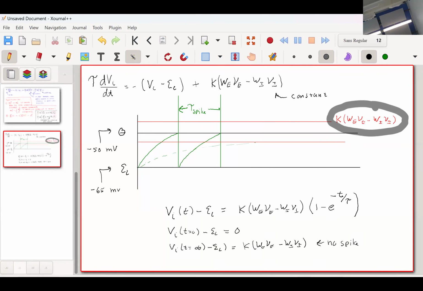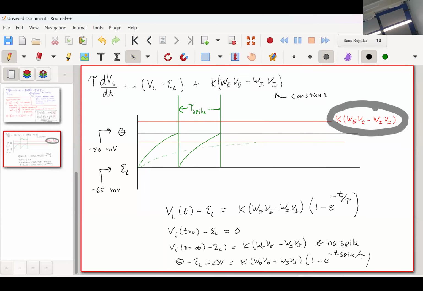Okay, but in fact, once a neuron reaches threshold, theta minus E leak, which we'll call delta V, equals K W_E nu_E minus W_I nu_I times 1 minus e to the minus the time of a spike divided by tau. Okay, which is what we did last time.